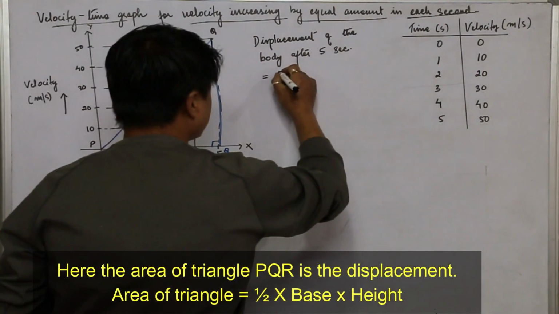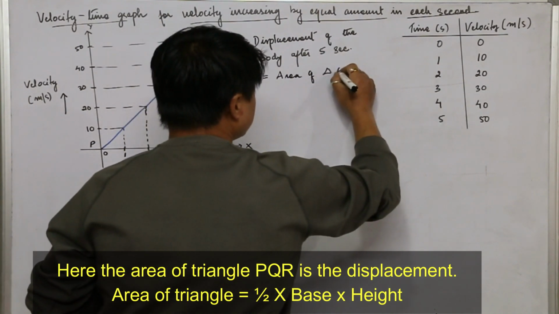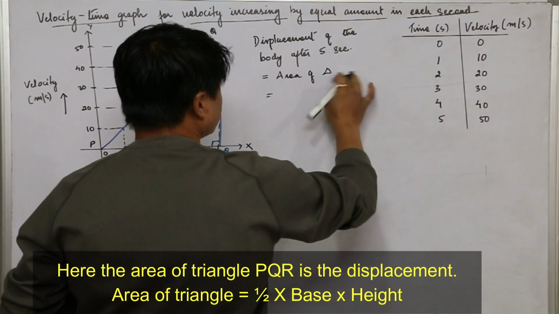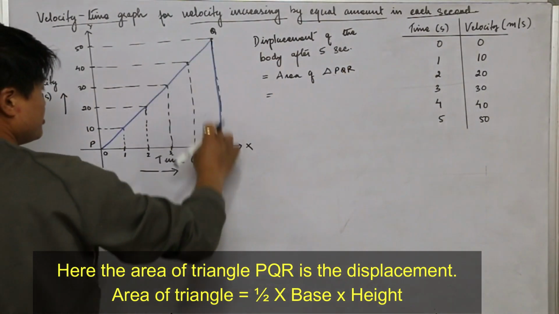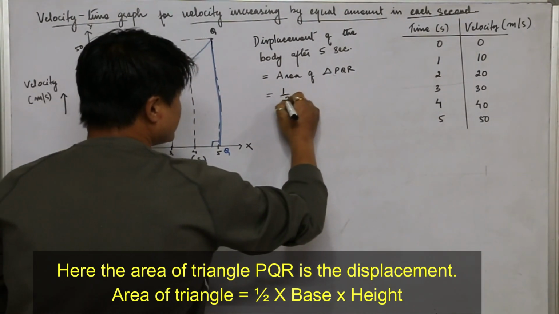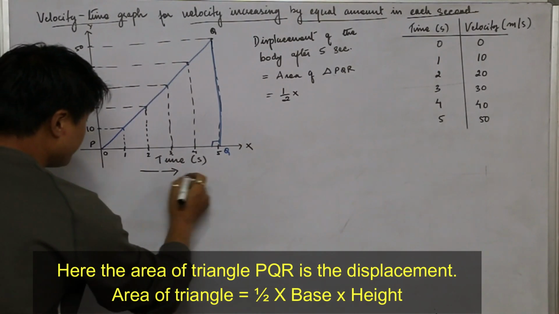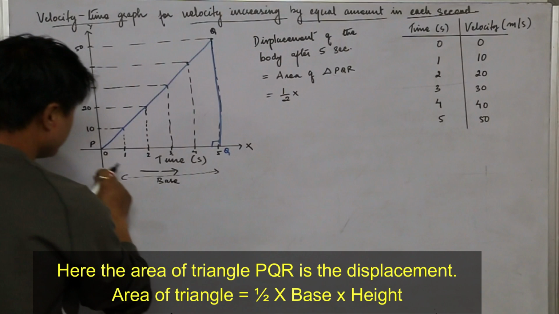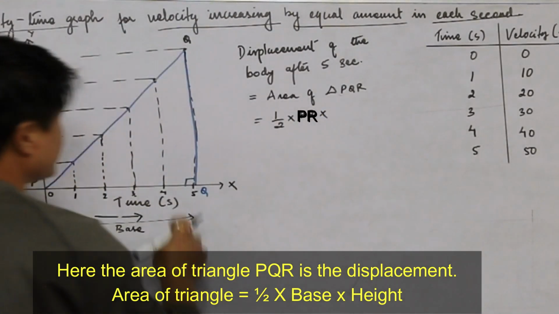So here we will write area of triangle PQR is equal to half into base into height. So here we can consider this is the base. This is our base, here PQ, into height, here QR.